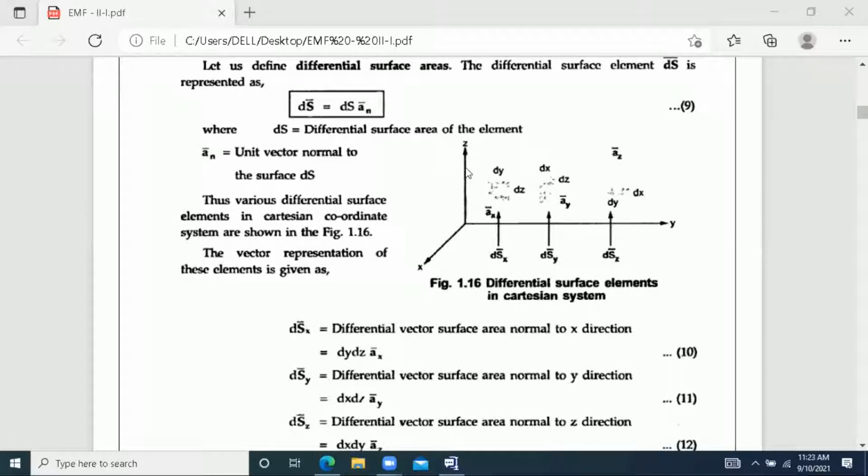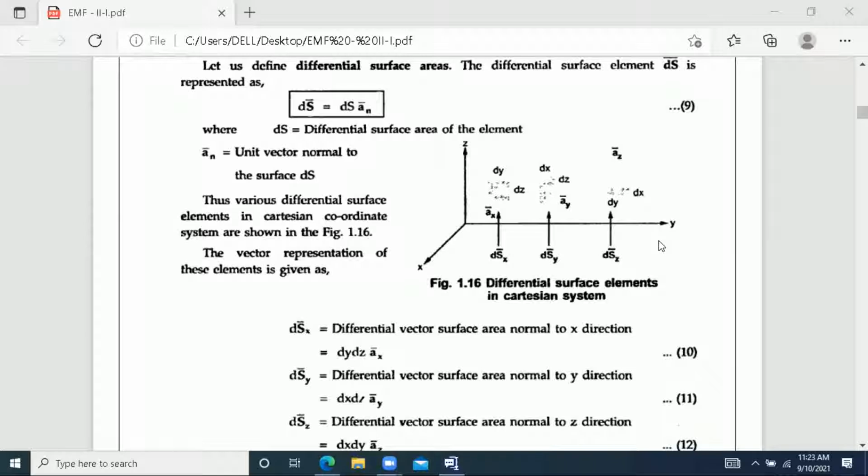For the top, you would have the XY plane in the AZ, and on the bottom, you would have the XY plane in the minus AZ direction.